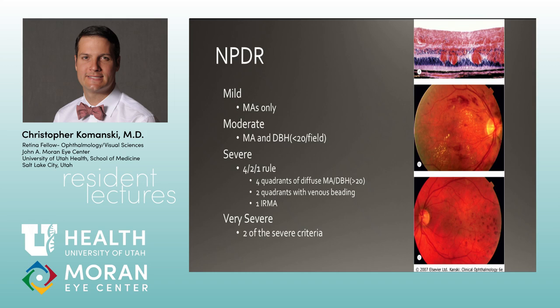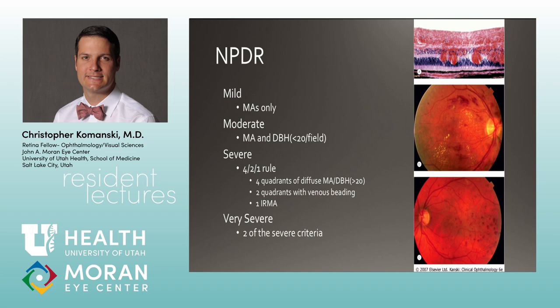So to classify NPDR, you've got mild, which are just MAs. You've got moderate, which are MAs and dot-blot hemorrhages, but less than 20 per field, so the 4 quadrants.